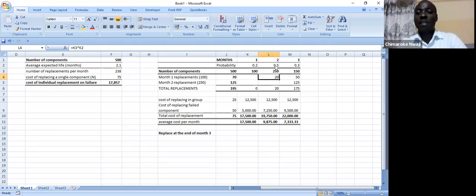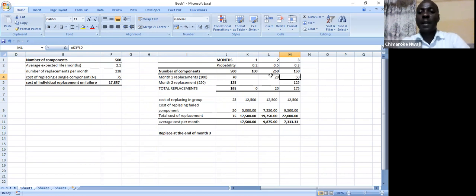And in month 3, we will still get some more failing. 50% of 100 will be replaced in month 3 because that is month 2's probability.